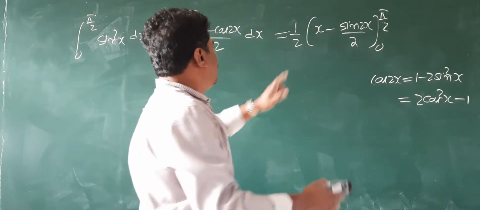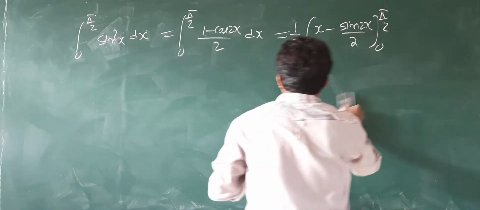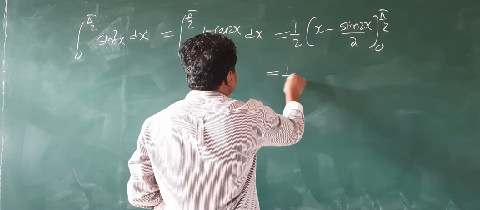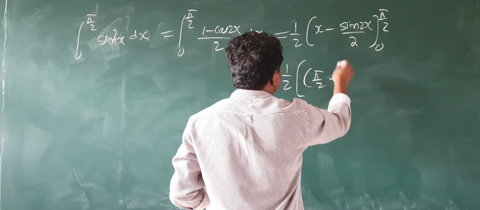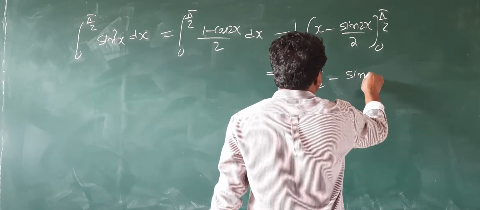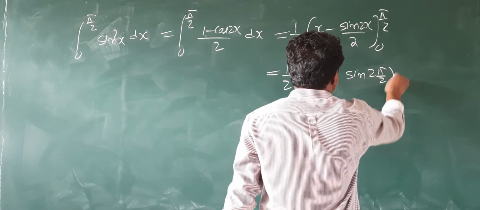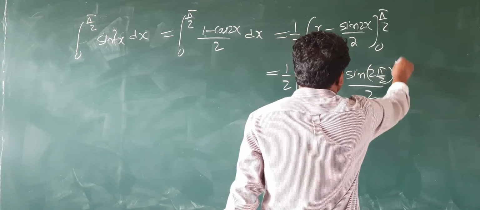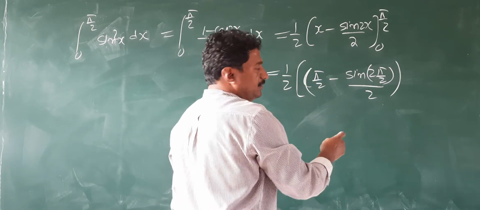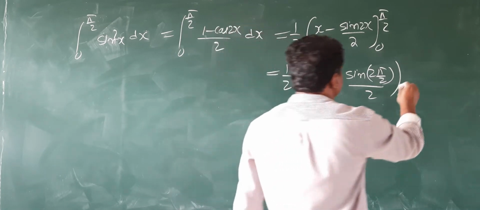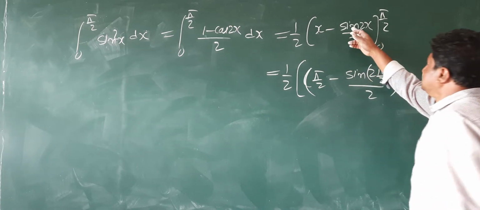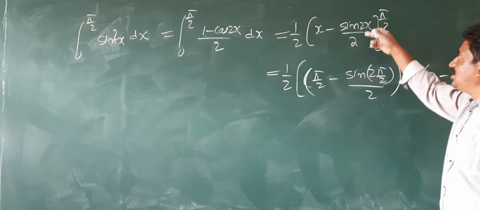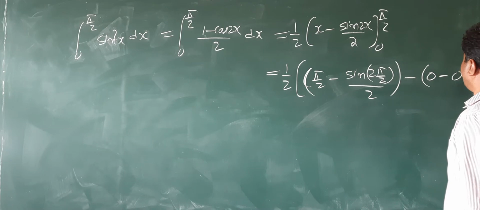Right, students? Apply limits. 1 by 2 outside. Tell me the upper limit: pi by 2 minus sin pi, by 2. This is the upper limit, minus the lower limit, which is 0 minus sin 0. 0 by anything is 0.